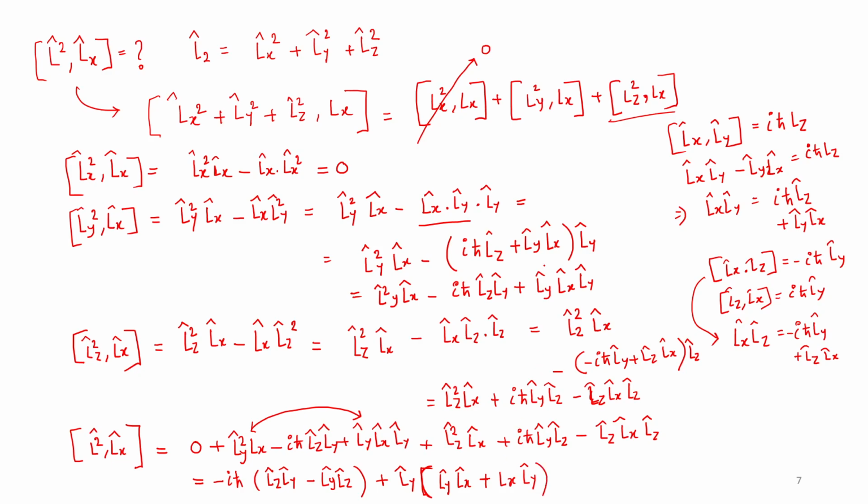I have done a mistake here. See, minus of this thing should lead to minus and minus here, right? So we need to be very careful about this mistake. I'm very sorry for this.